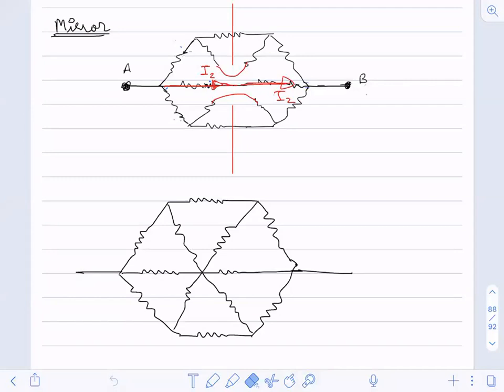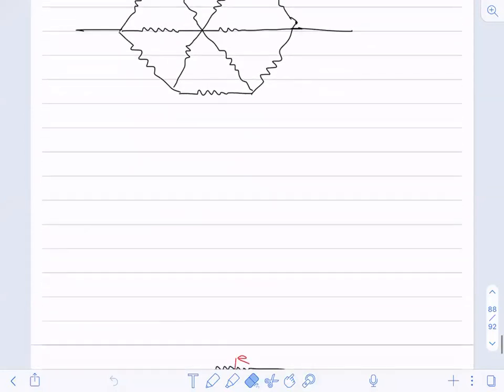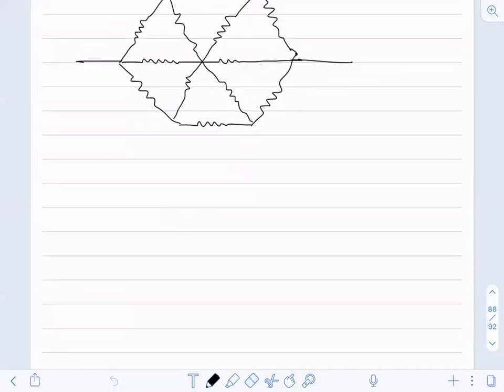Now, suppose the next circuit that I'm giving to you is like this.